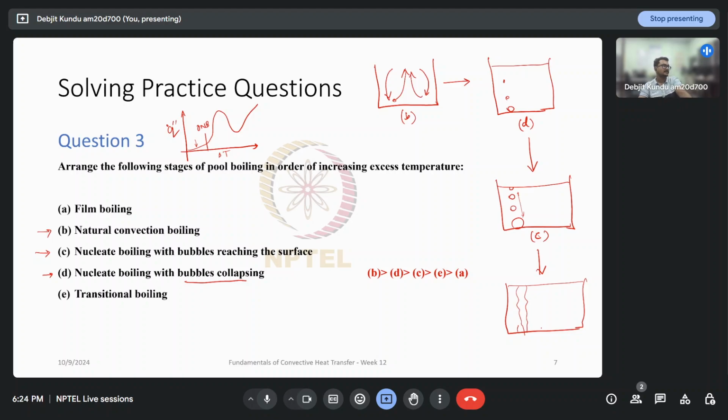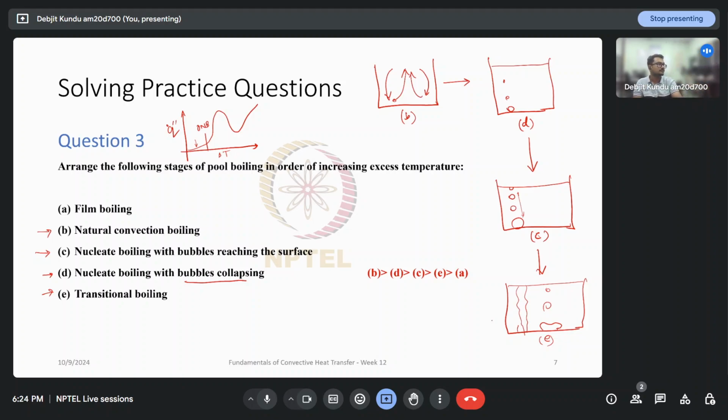Multiple bubbles growing nearby will also coalesce with each other, leading to a bigger blanket like this. These are the different things that will happen, and this region is known as the transitional region, which is stage E. It is transitioning from nucleate boiling towards film boiling, which is the next stage.